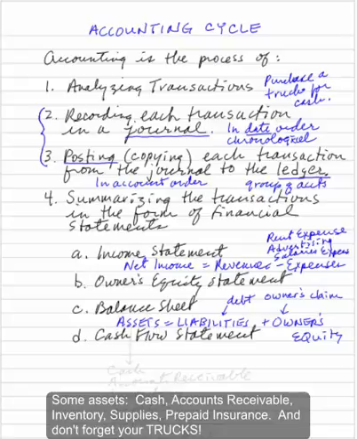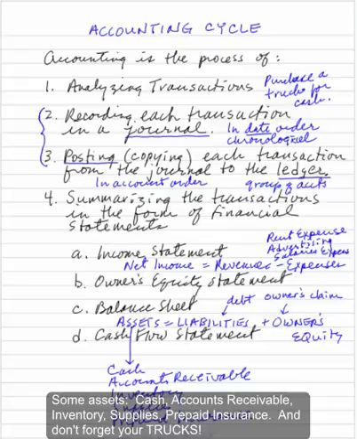If we made a short list of assets here, let's just do that. Cash, accounts receivable. These are amounts that are owed to the owner. Inventory, supplies, and prepaid insurance.